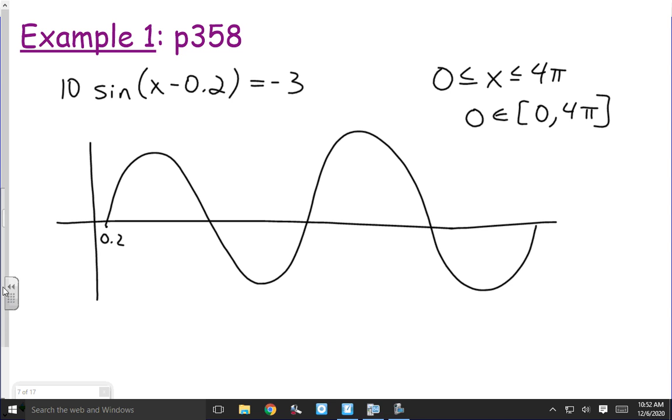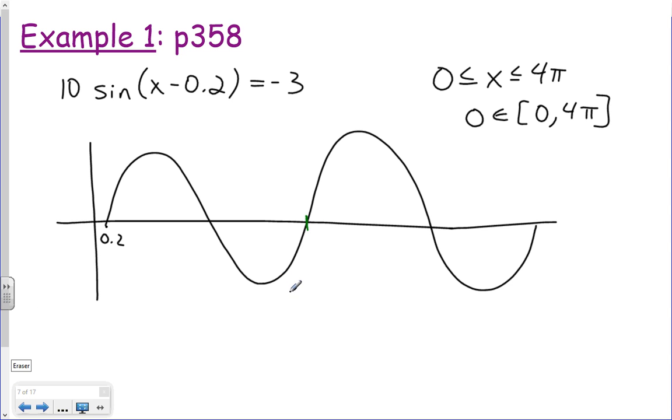So the first period there actually ends here at not 2 pi, but this is really 2 pi plus that phase displacement of 0.2. So that's where that's at, and then this is actually at 4 pi plus 0.2. Again, our phase displacement gets pushed in there, and everything gets shoved over to the right a little bit.